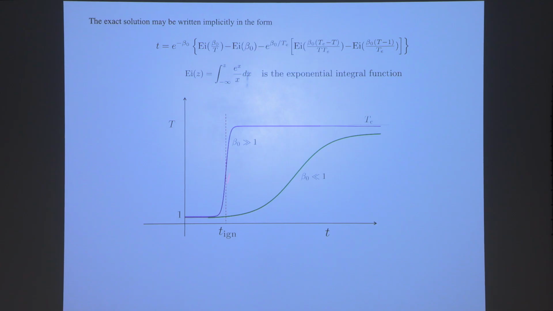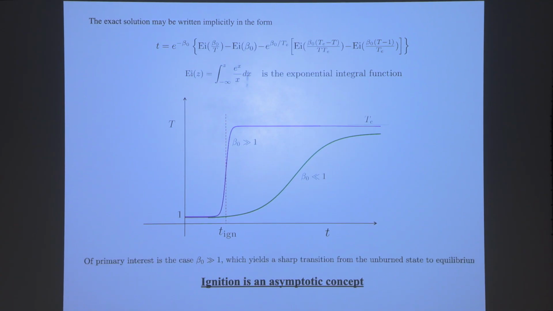Whereas when beta naught is large, which is typically true in combustion systems, it is when this rapid change occurs. So again, it's in some sense an asymptotic concept. Okay, that's my point. Ignition is an asymptotic concept.